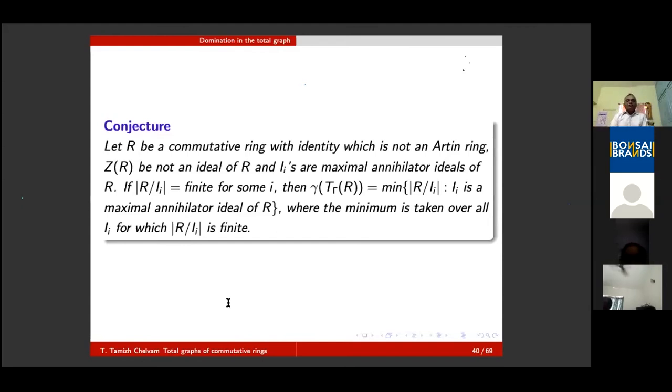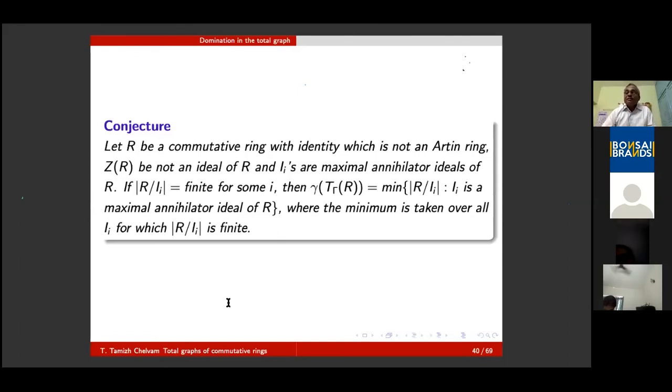Let R be a commutative ring with identity, which is not Artinian, and Z of R is not an ideal. I told you, when Z of R is an ideal, the graph has a very beautiful structure, thereby everything could be studied. So Z of R is not an ideal.